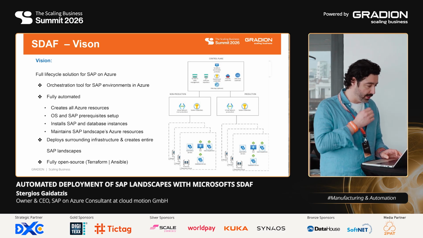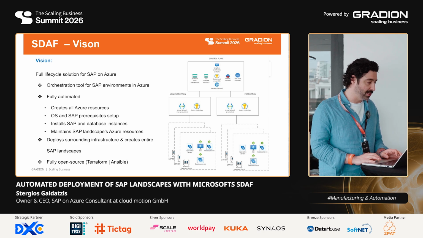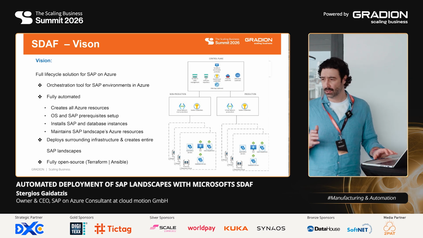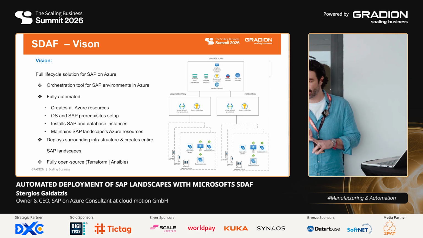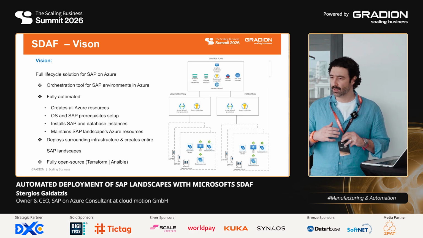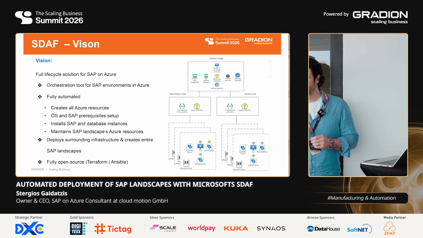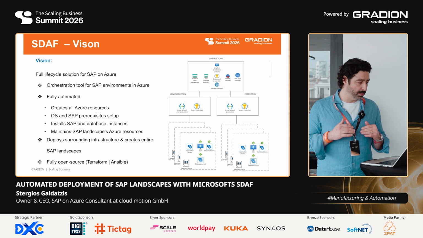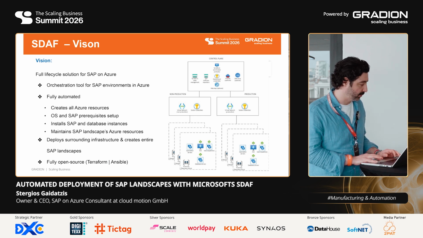So fully automated means it creates all Azure resources. All Azure resources means VNets, but this should happen in front of it. We need, of course, NICs. We need resource groups. We need IP addresses. We need a lot of Azure resources to handle this. It's completely, fully automated in SDAF.